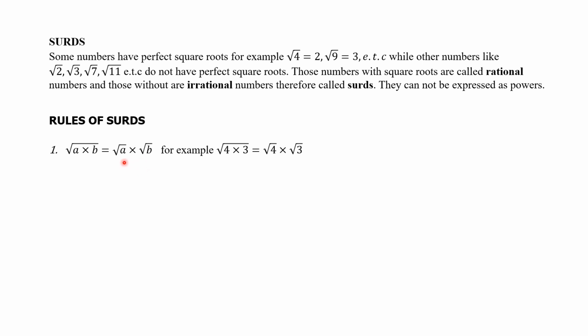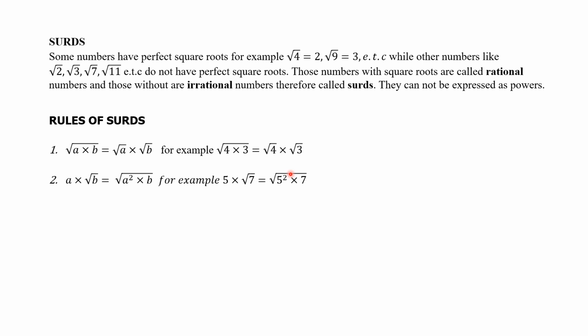Either way, we are going to use this in the upcoming parts of the lesson. An example: if I have root of 4 times 3, this is equal to the individual root of 4 times the individual root of 3.